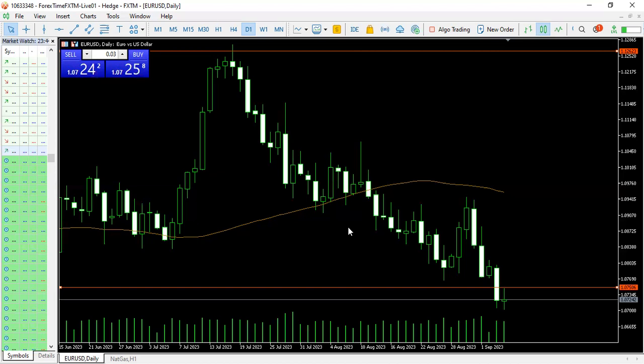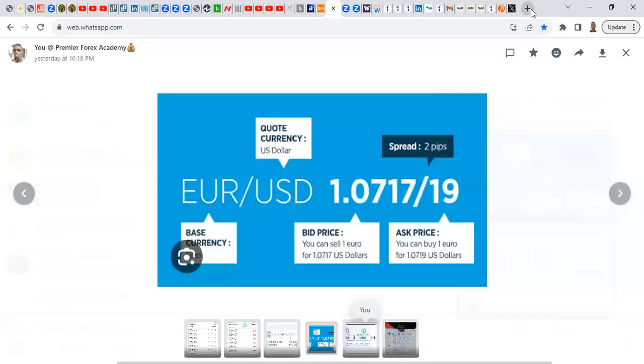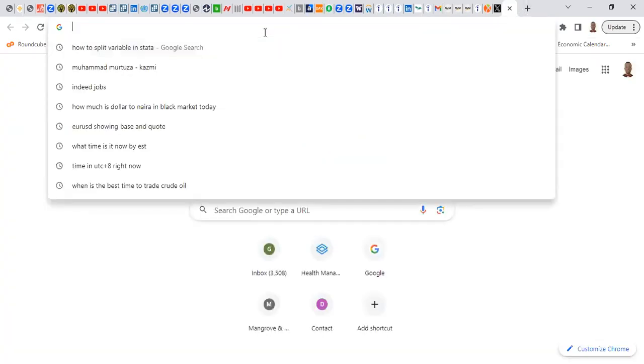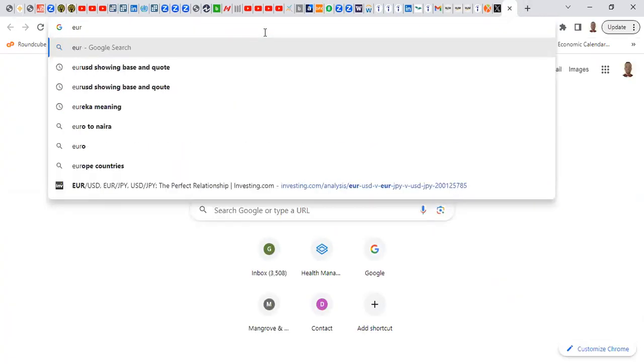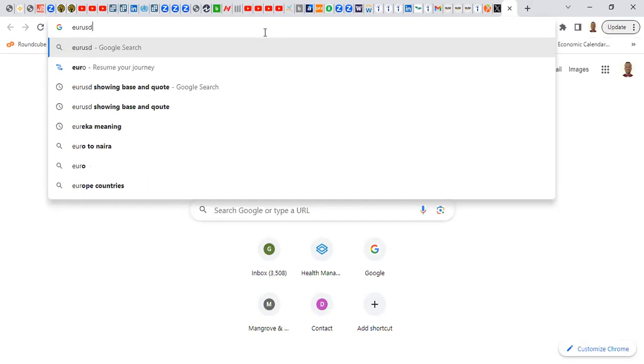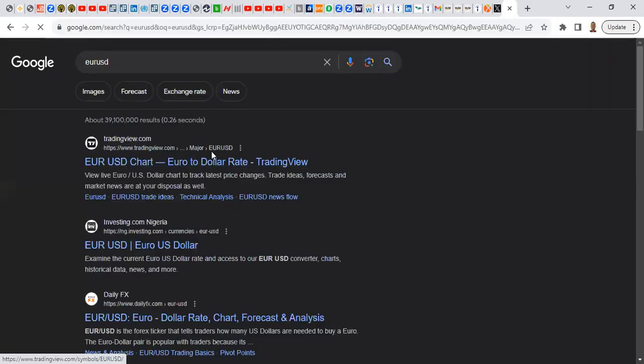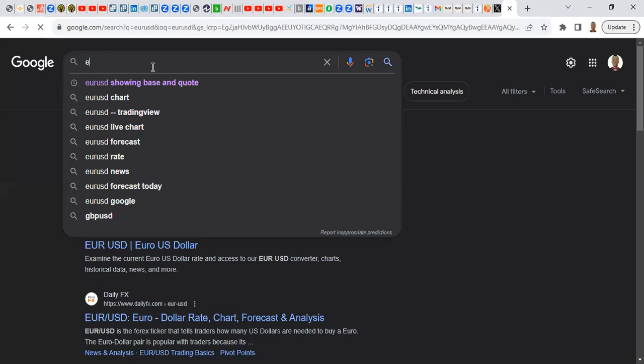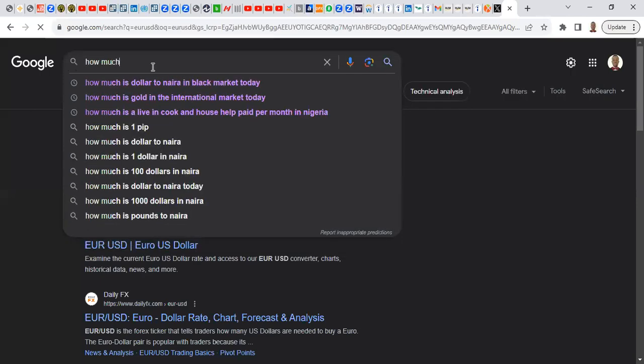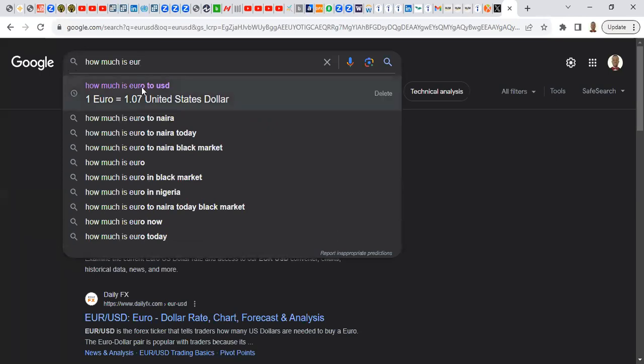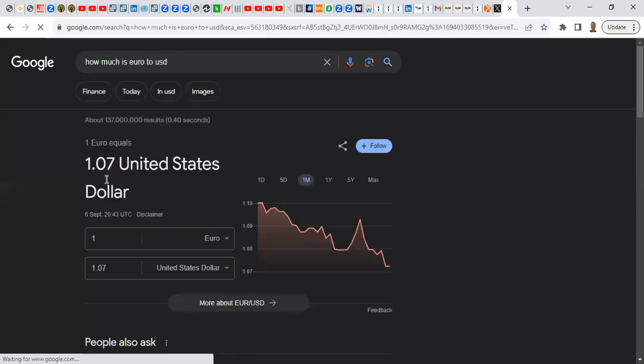And if I go on Google to look at the price of Euro to USD, let me show us. As you can see, it's 1.07.